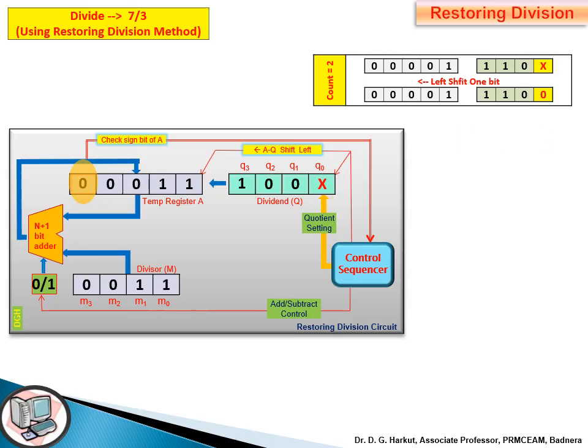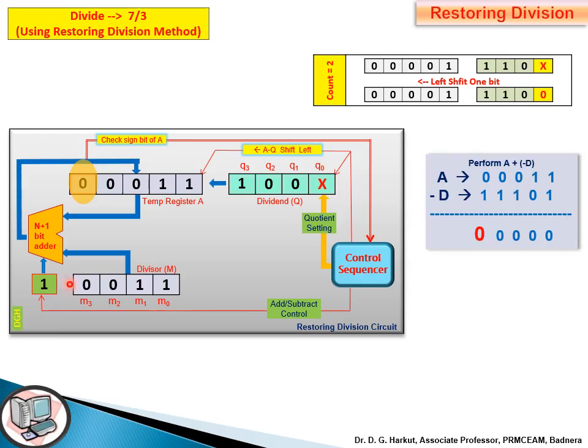Next, we need to perform subtraction. Subtract content of register divisor from temporary value available in register A. The result comes out to be 00000, which is updated in register A. Control sequence generator checks the sign bit of temporary result. Here in this case, the sign bit is 0, means the temporary value is positive.